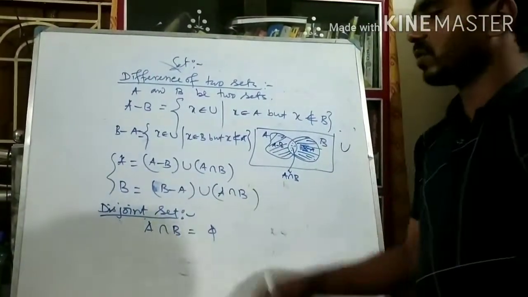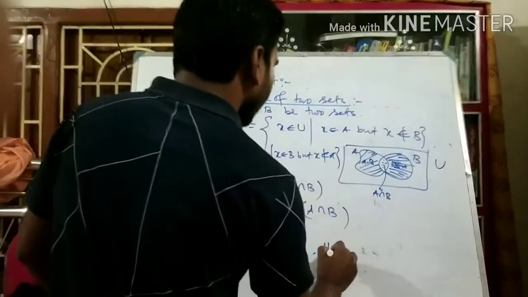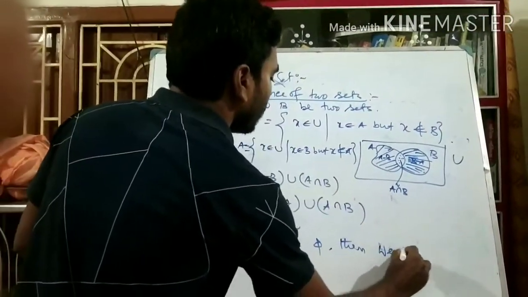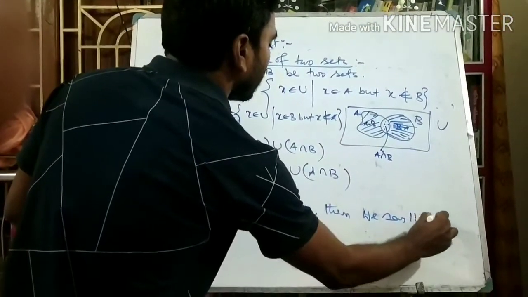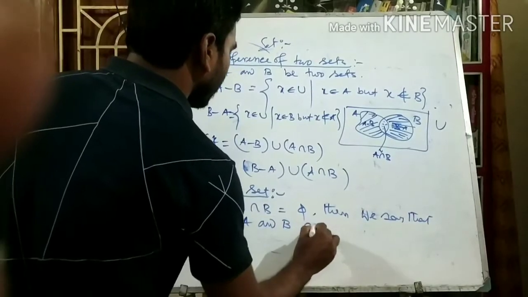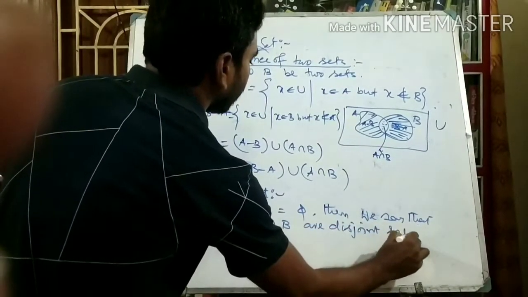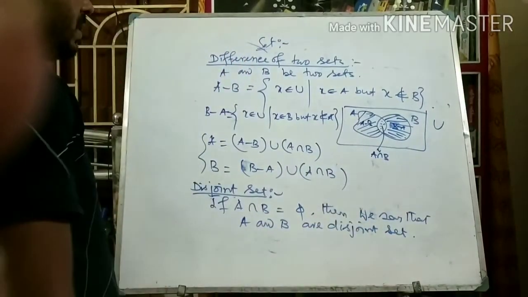Then these two sets are called disjoint. So if this happens, then we say that A and B are disjoint sets.